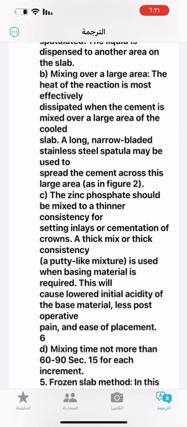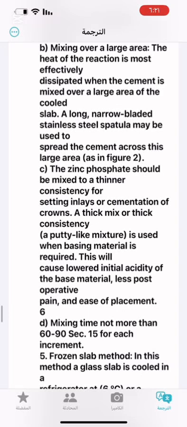C. The zinc phosphate should be mixed to a thinner consistency for setting inlays or cementation of crowns. A thick mix, a putty-like mixture, is used when basing material is required.